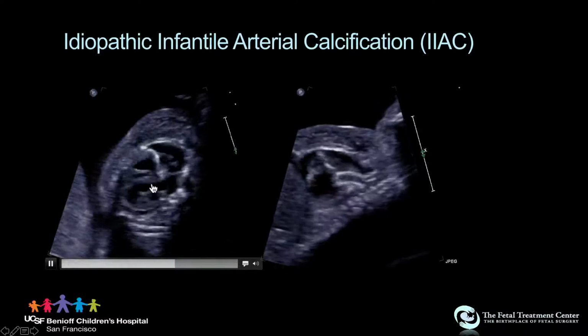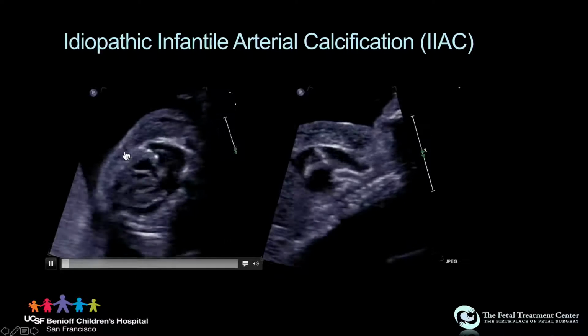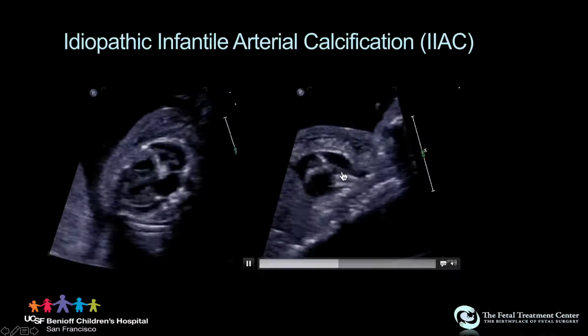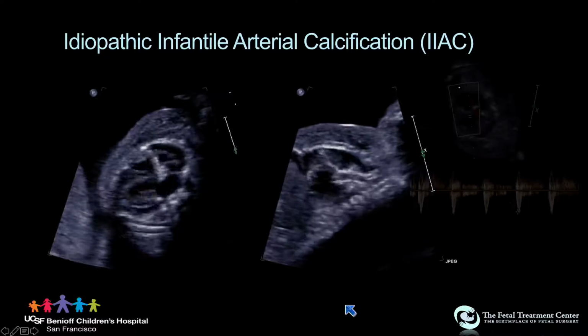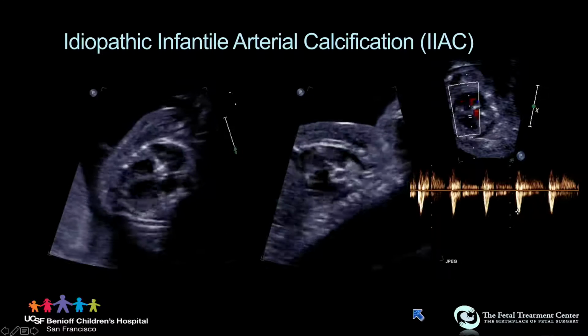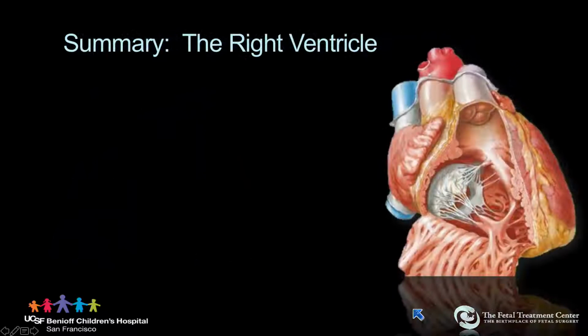And then arterial calcification, just because I didn't know where else to put it, but it can present as what appears to be a right ventricular function problem. The dead giveaway is the outlining of the arteries, including the coronary arteries, and severe diastolic dysfunction, tricuspid valve inflow pattern being very abnormal there.